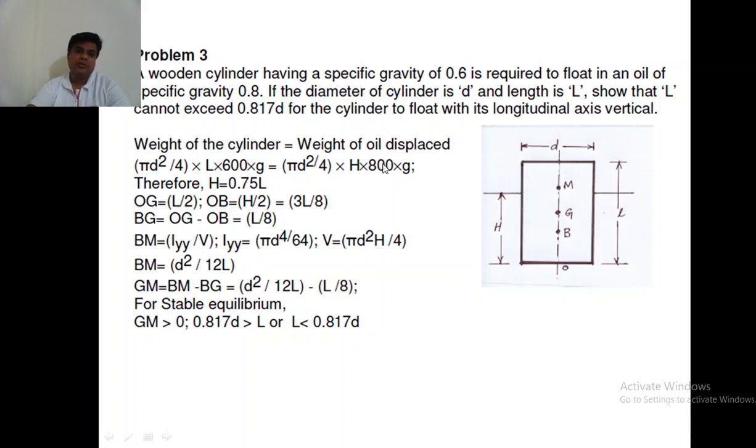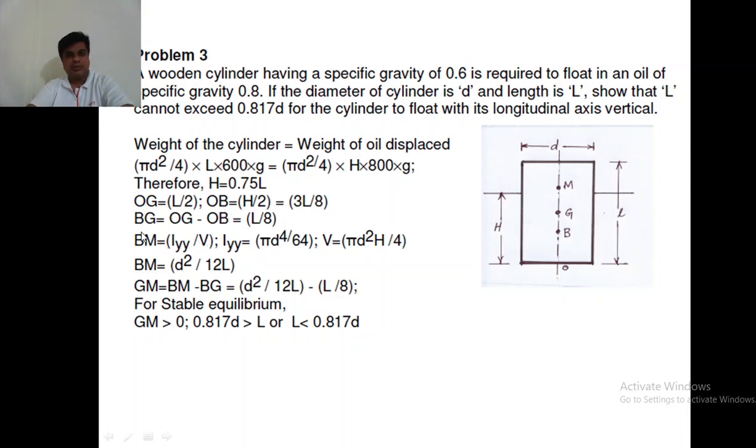So like this, problems will be asked on buoyancy. Remember that the weight of the object is nothing but the weight of the fluid displaced. This is one formula, and the buoyant force is equal to the weight of the object, according to Archimedes principle.